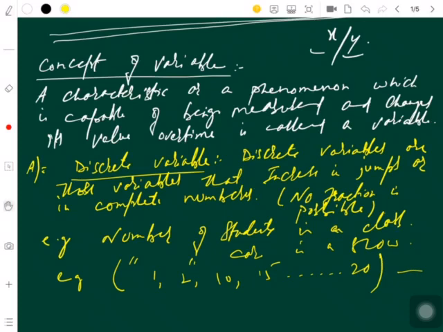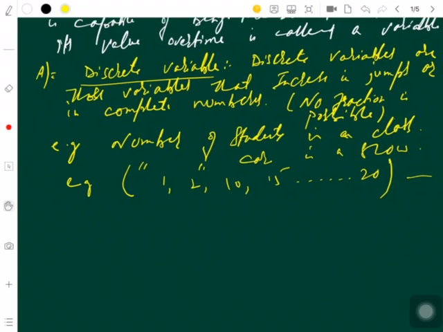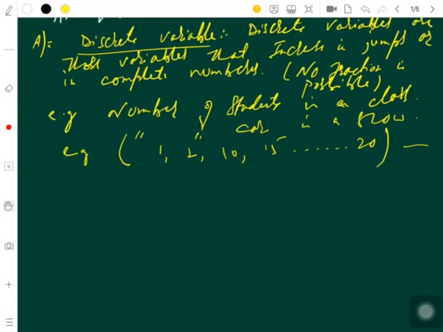The second type of variable is called continuous, first is discrete, second is continuous. Okay, continuous variable.